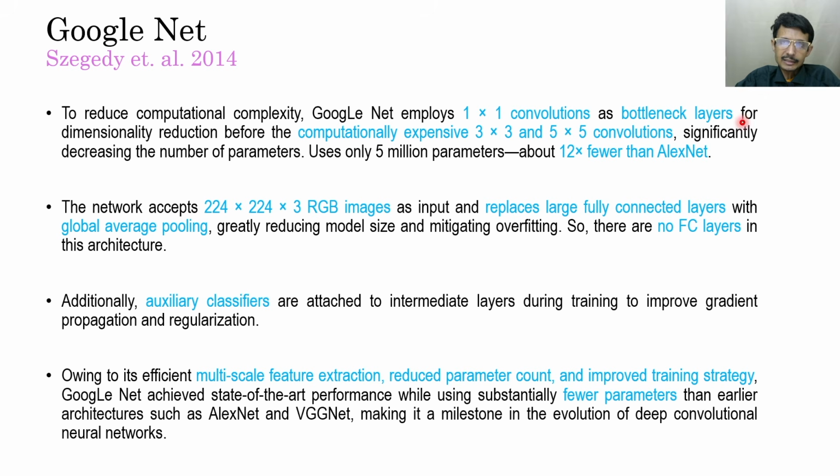This bottleneck layer performs dimensional reduction before the computationally expensive 3x3 or 5x5 convolutions, and it significantly decreases the number of parameters. So GoogleNet achieved 5 million parameters, which is 12 times lower than AlexNet, and that is an incredible achievement.